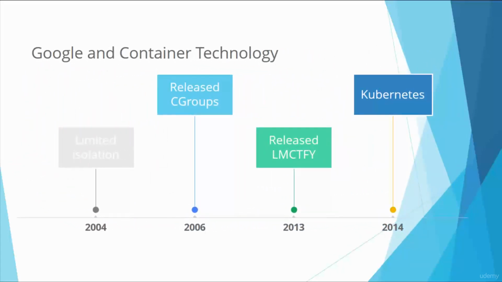Since 2004, there was limited isolation, and then we released cgroups for these apps and released LMCTFY, and then finally Kubernetes in 2014. That is how Google and the container technology has evolved over these years. In this course, I'm going to focus primarily on Kubernetes, and I'll talk about what that is. I don't want to delve more into it in this lesson. My focus here is to talk about containers.